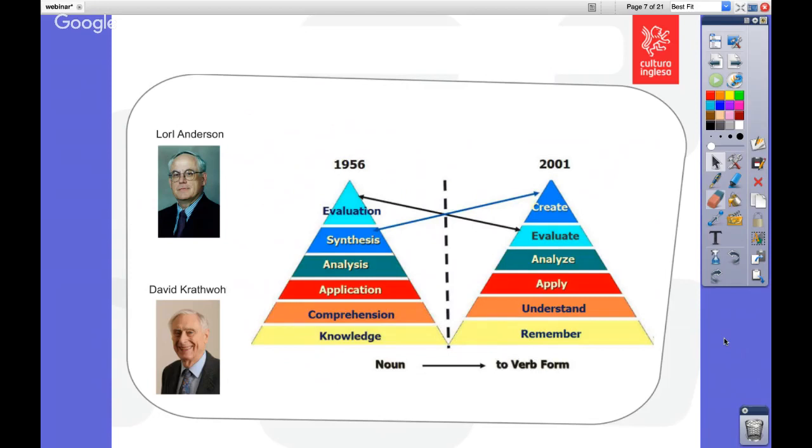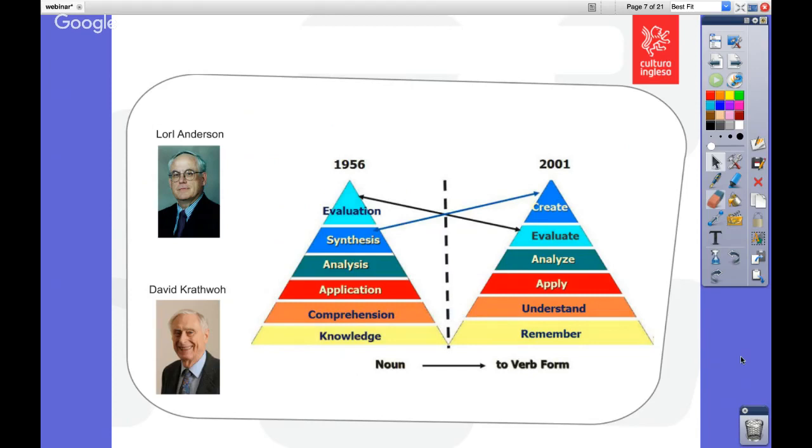And if you pay attention, in the original one the last level is evaluation, and in the new one it is create. Why? Because according to their studies, evaluating comes before creating, as it's often a necessary part of the behavior before one creates something.